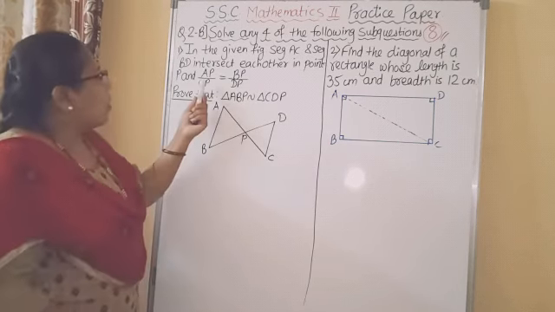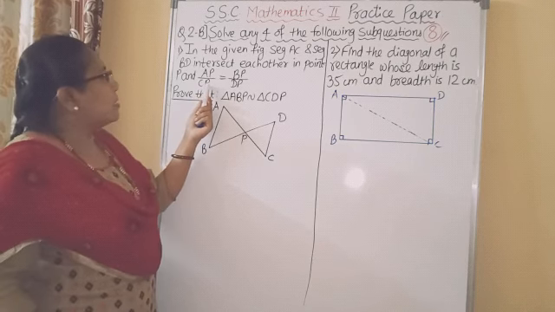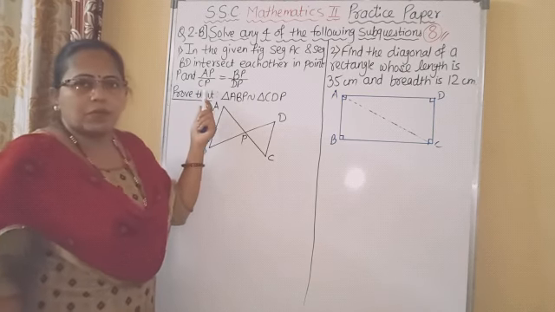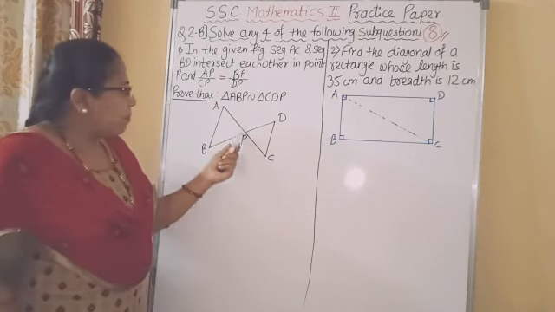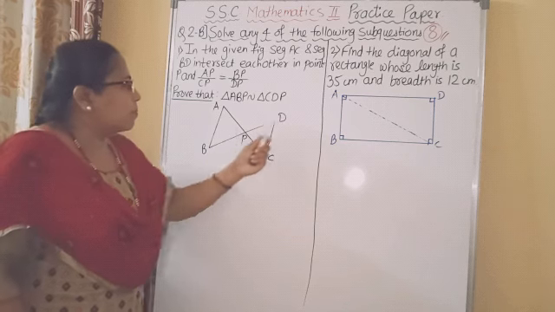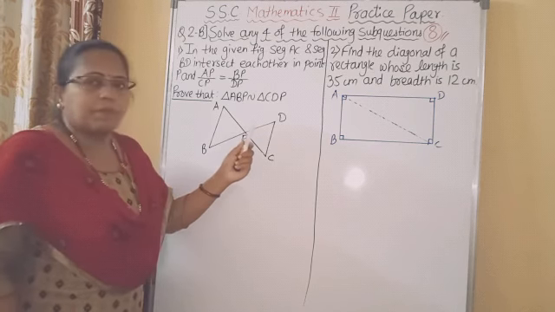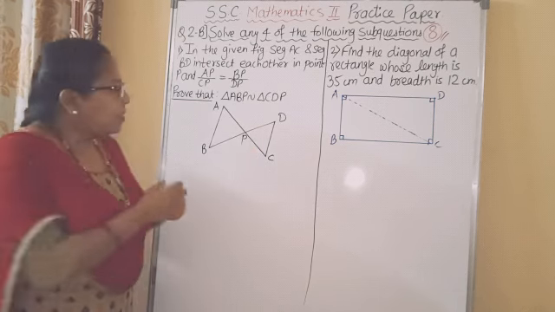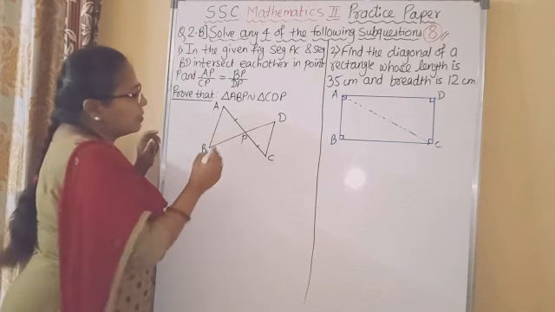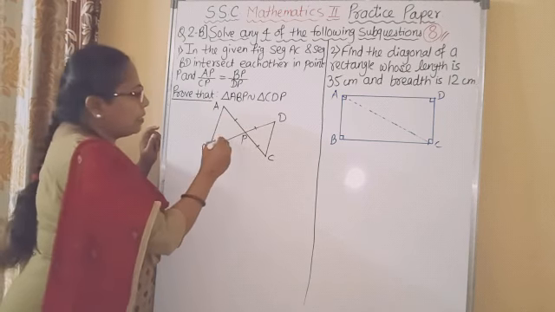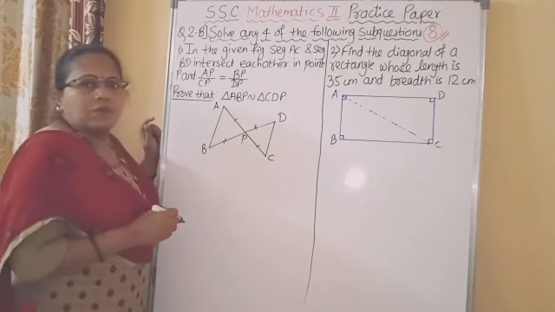Okay. So here in this question already these 2 sides are given in proportion. AP upon CP and BP upon DP, means this side and this side are in proportion.